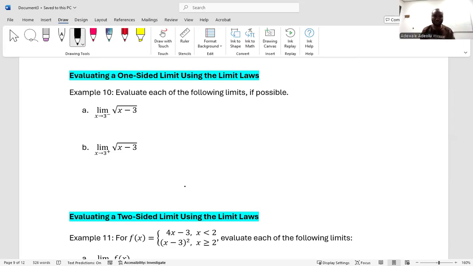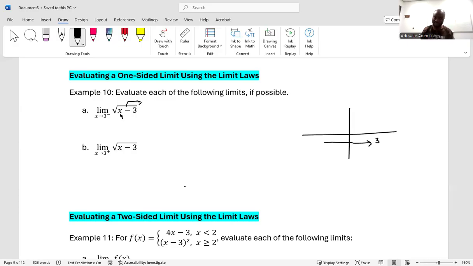Look at this problem. We want to find the limit of the square root of x minus 3 as x approaches 3 from the left. Now from the left, this is 3. Any value that is here is less than 3. And if we plug it in here, it will make this undefined.